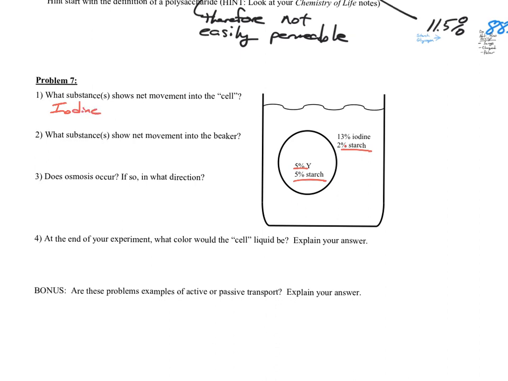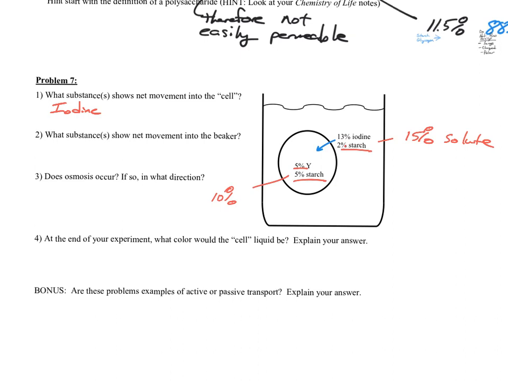By the way, at the beginning, is this hypertonic, isotonic, hypotonic? Look at it. Outside it's what in the beginning? 15% solute, and inside it's 10%. But then after iodine moves in, what are you going to get?